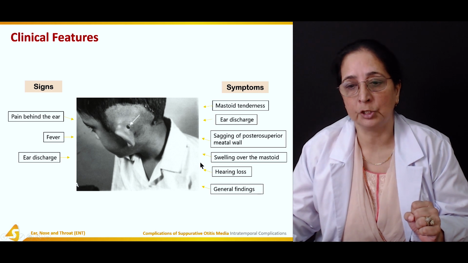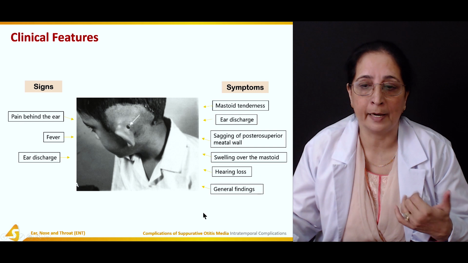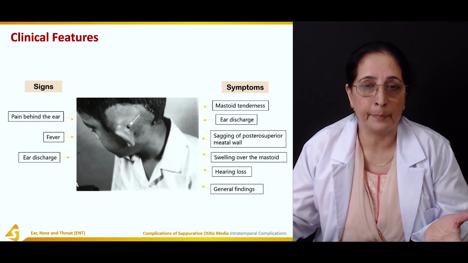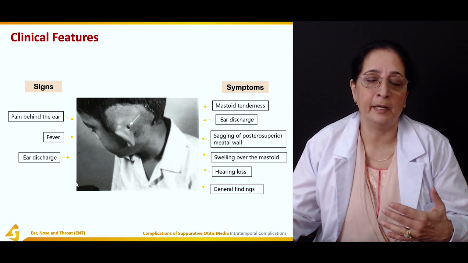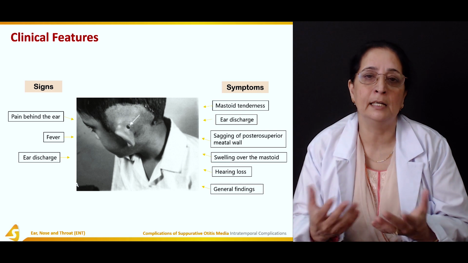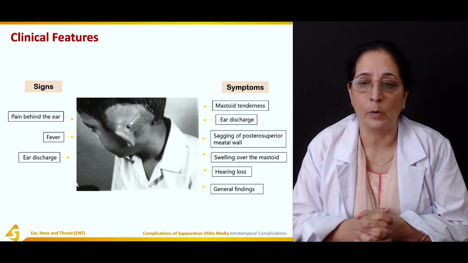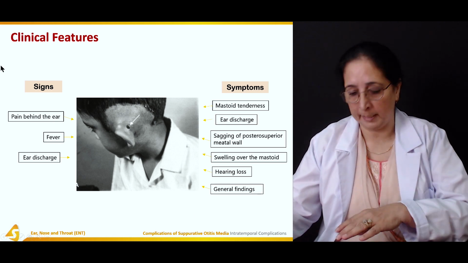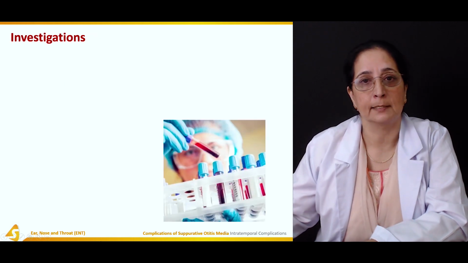Swelling over the mastoid, hearing loss, and some general findings like malaise, tiredness, pallor, fever, and the patient is in a compromised condition and not feeling well. So all these are very common signs and symptoms of mastoiditis or infection or complications.